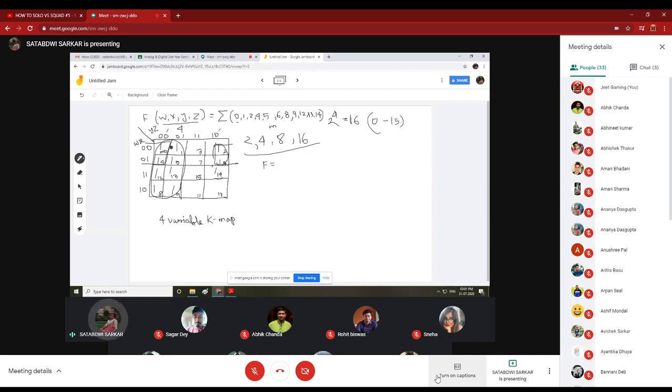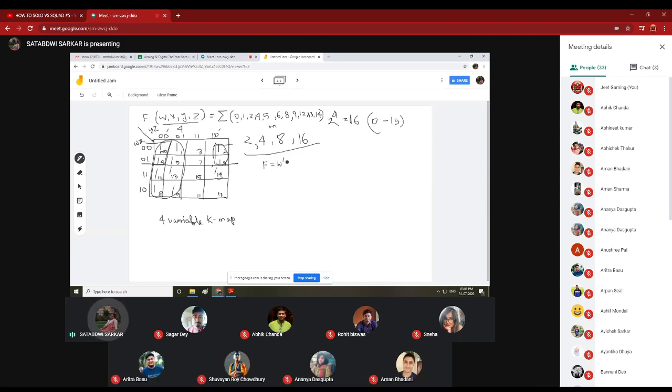But in these 2 positions, the value of X is changing, but W is the same. So if we group them together, we get W bar and Z bar. X and Y are changing, so we are not taking X and Y with these two values. So this is a very minimal form.